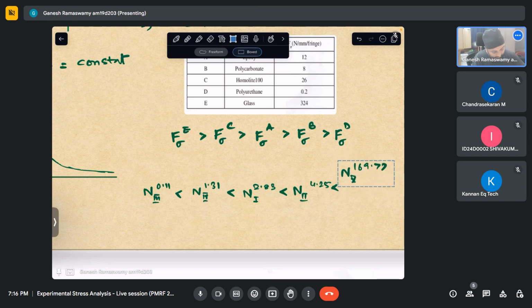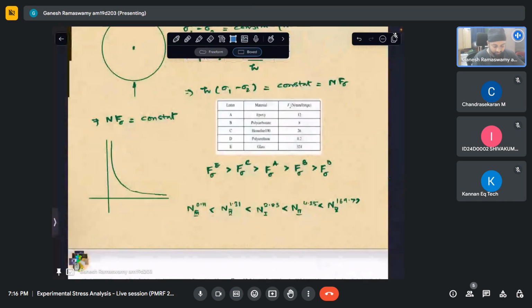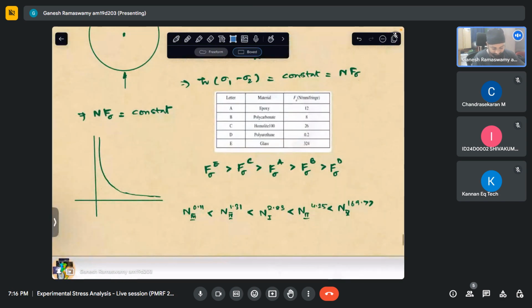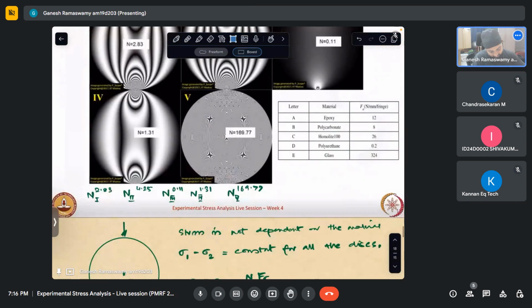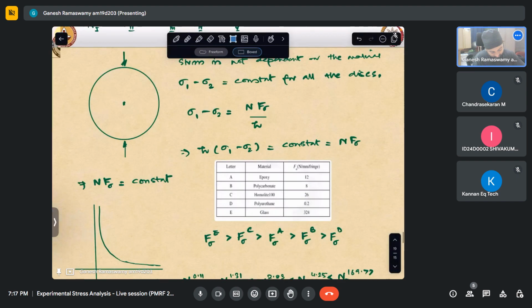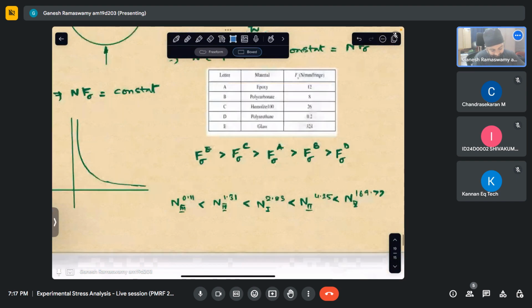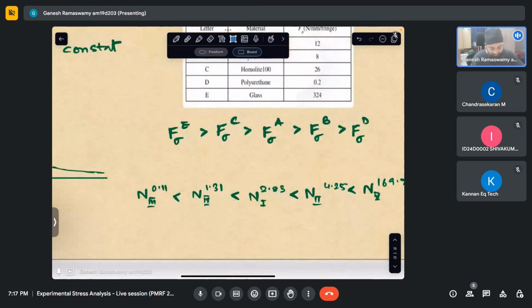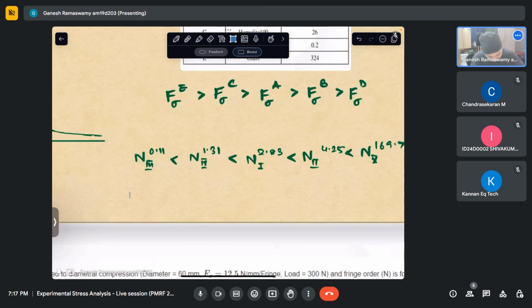So from here we can directly draw the correlation. E is 3. I hope you are able to understand what I'm saying.